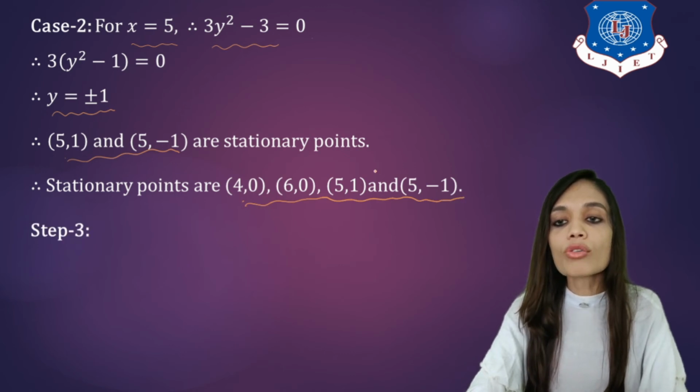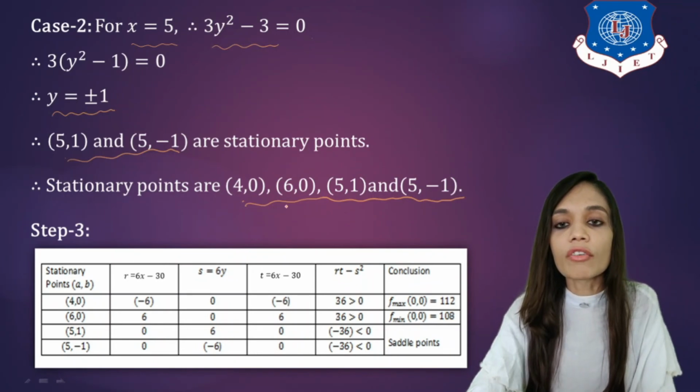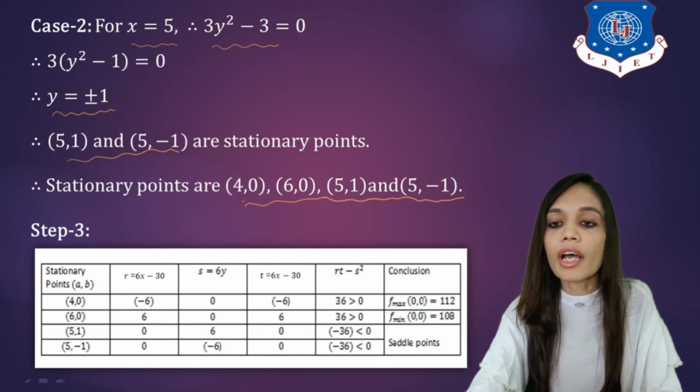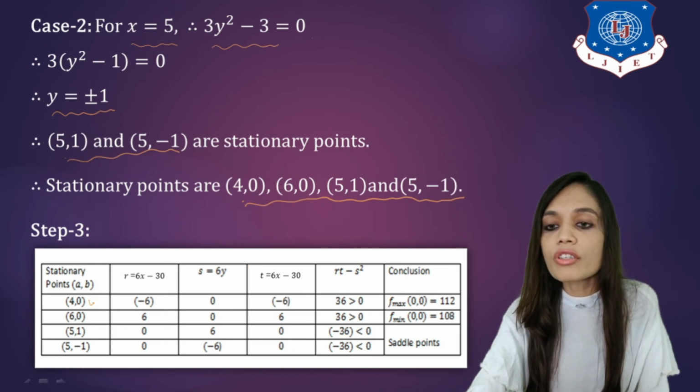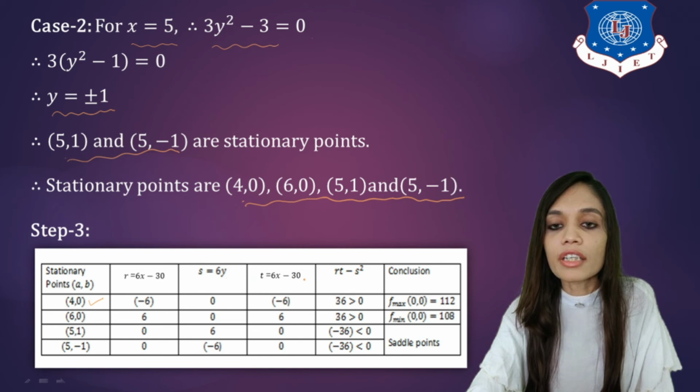So now let us go to our step 3, that is, we will put these values in our r, s and t and find rt minus s square, and then we will conclude by finding maxima and minima. Firstly, let us put the point (4, 0). And our r is 6x minus 30, s is 6y, t is 6x minus 30 again.